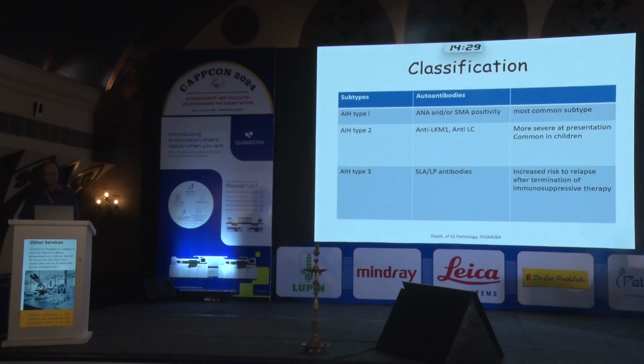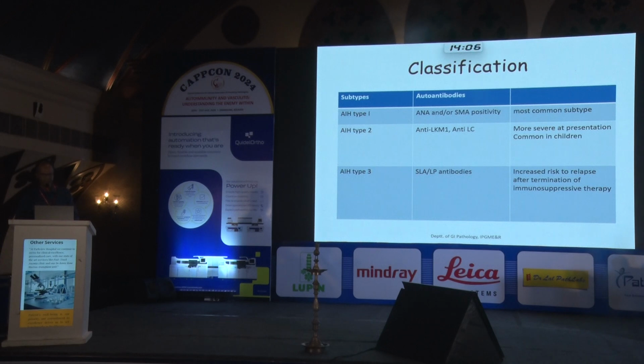Now, classification is based on the type of autoantibody the patient has in his or her blood. ANA and SMA are most commonly found in type 1. It is the most common subtype. While in the pediatric population, LKM1 and LC are commonly seen.